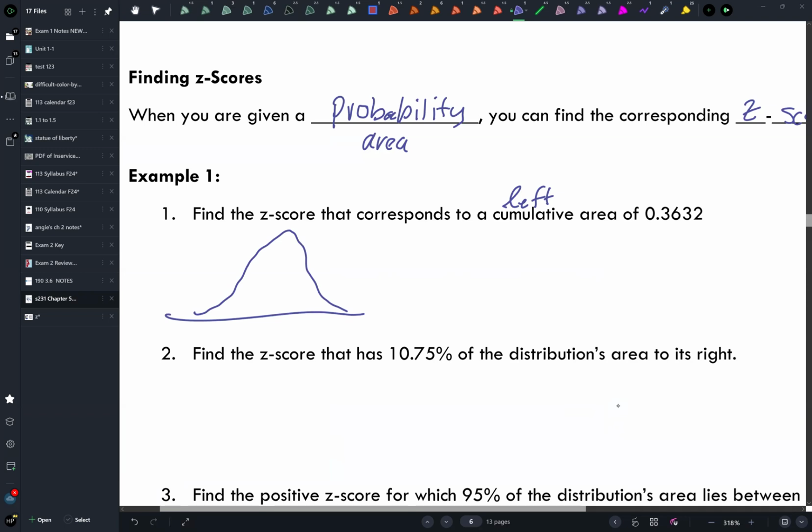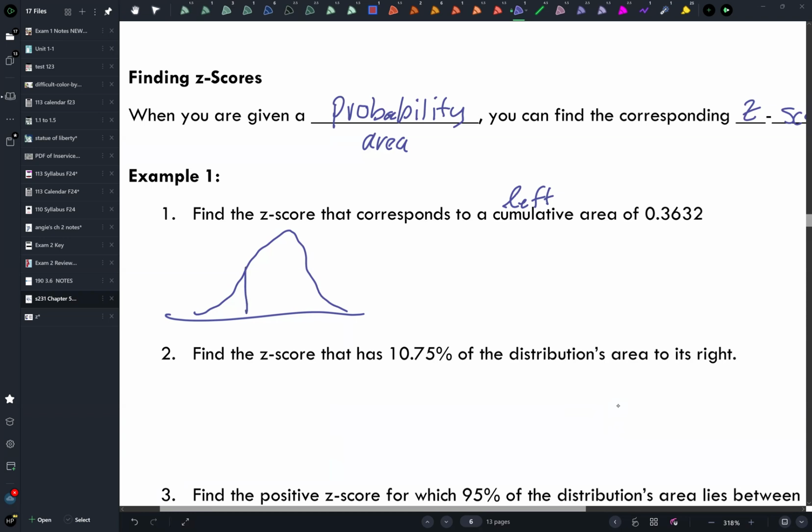I know for sure, due to the fact that this area is less than 0.5, that this is going to be a negative z-score. I know that because at the middle of your graph, you have a left area of 0.5. So anything greater than an area of 0.5 is going to be a positive z-score, and anything less is going to be a negative z-score.